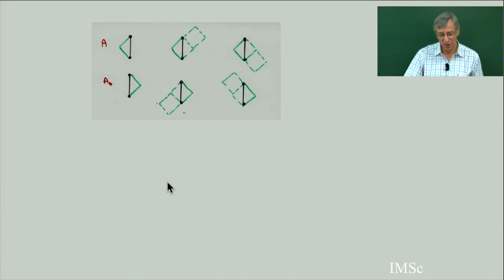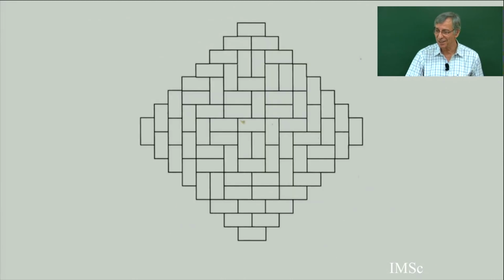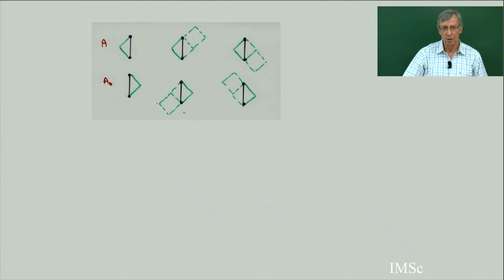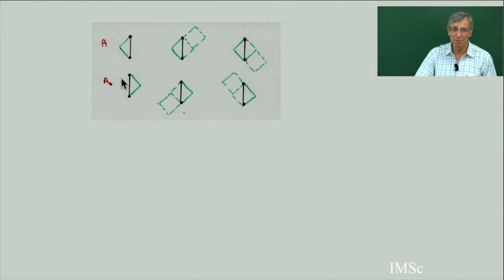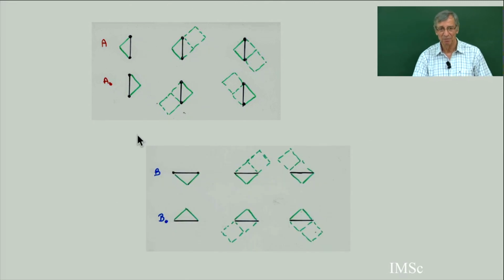So now you have to. I keep the Aztec. No, I turn the Aztec diagram 45 degrees, so that now my dimers become like this in the Aztec diagram, and I cut with vertical edges and horizontal edges, and I look carefully at the different possibilities for A dot and B dot. So you see, you have two different cases.